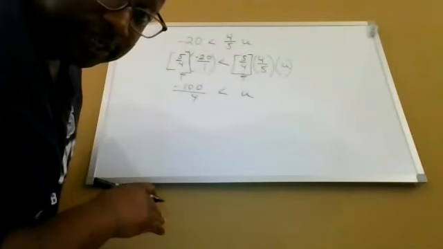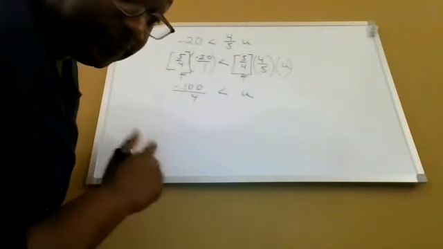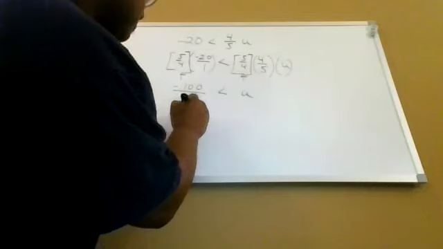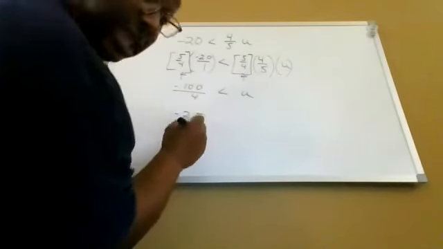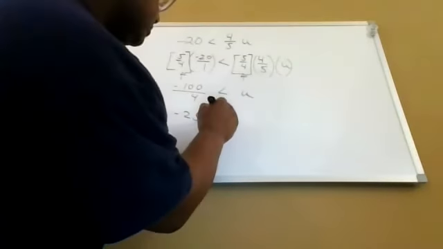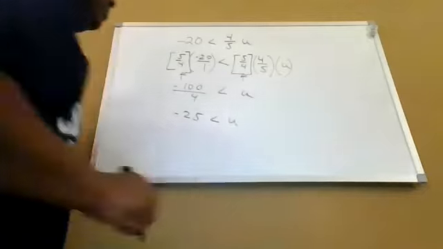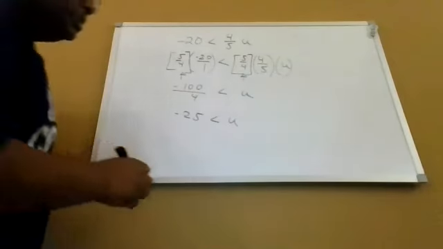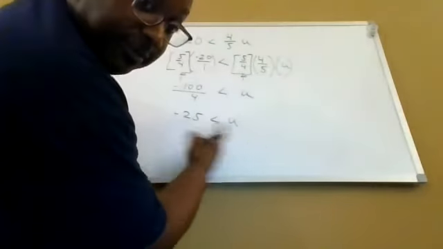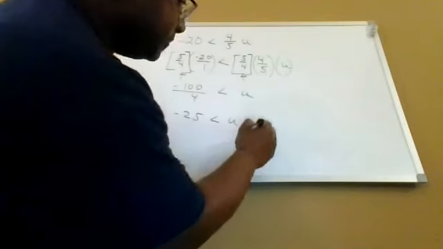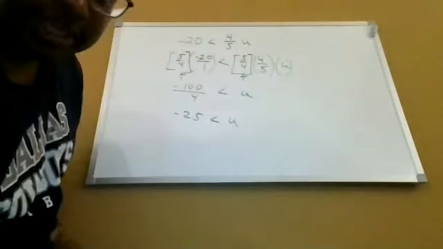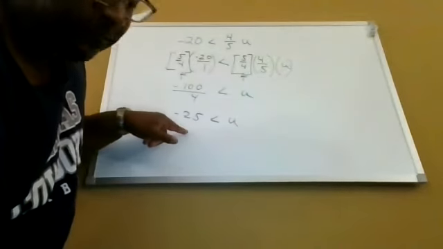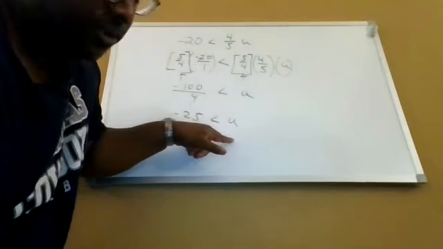Now, -100 divided by 4 is -25. And that's less than u. I can also write the same inequality this way, because reading from left to right, it's -25 is less than u.